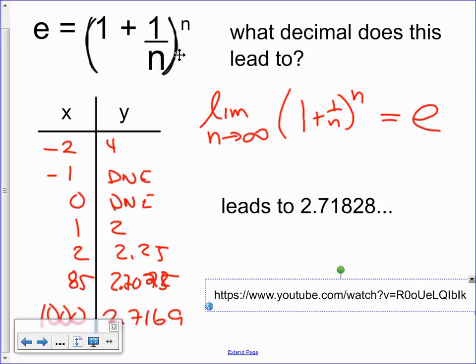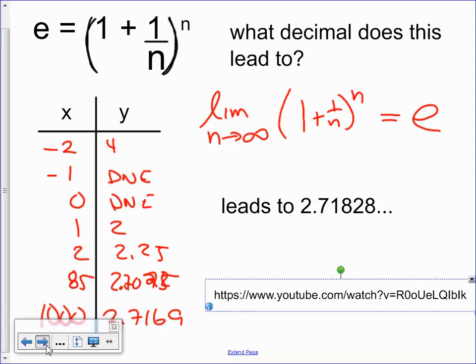As the number gets bigger and bigger, it gets close to e, which is like 2.718 and so on. That's infinity. When you start doing some calculus, you will be doing limits.